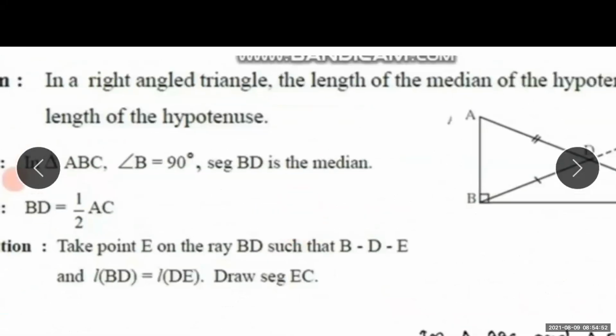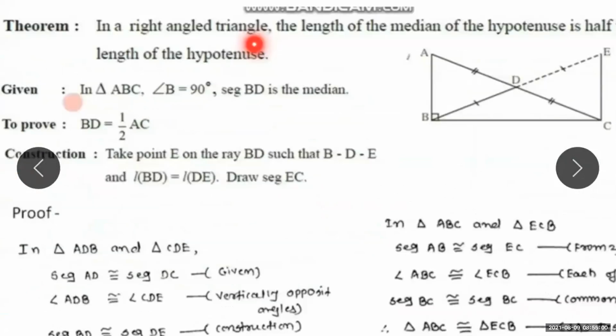Okay, now here in the diagram, see, triangle ABC. Now the length of the median, the median on the hypotenuse.